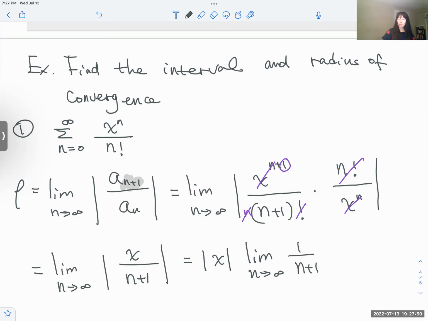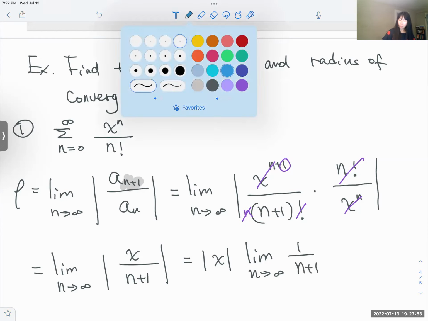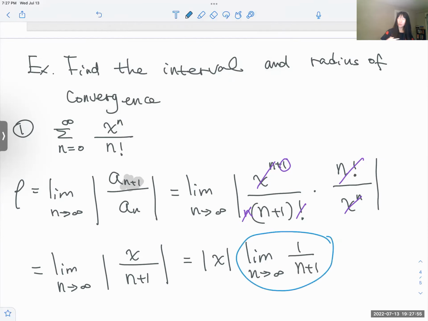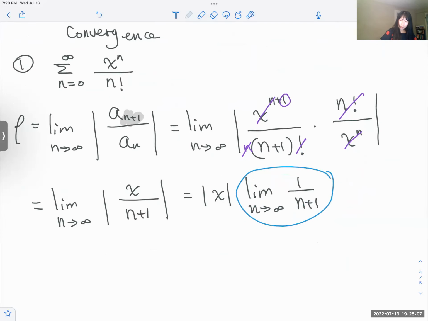So what is this? As n approaches positive infinity, 1 over n plus 1 goes to 0. Very good.